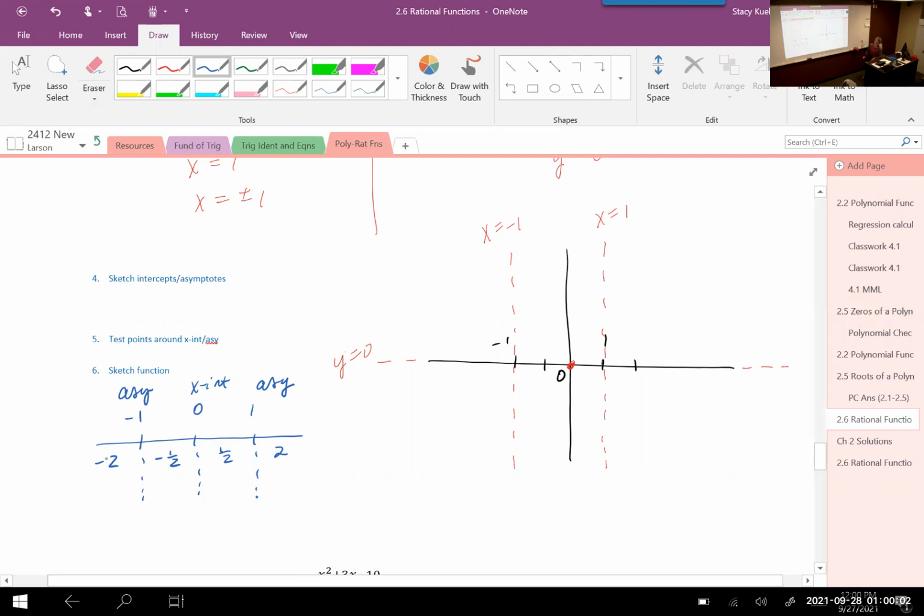The test points? Yeah, test these values, -2, -1/2, 1/2, and +2, because those are the values to the left and to the right of our critical numbers that are asymptotes as well as x-intercepts. Okay, do we have some values? Yes, ma'am, they're all the same. No, they shouldn't be the same.